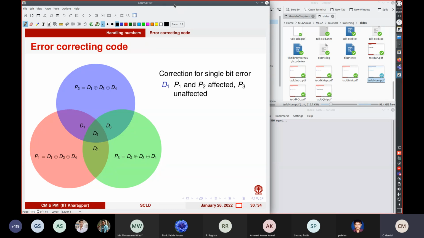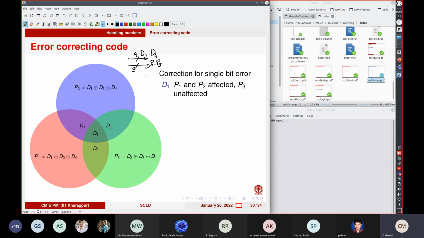When you are transmitting, these are the things that you are transmitting: D1 to D4, a bundle of 4 bits, and P1 to P3.